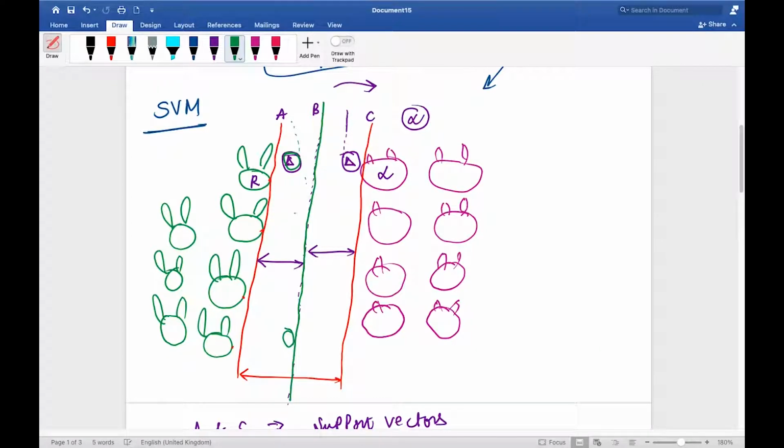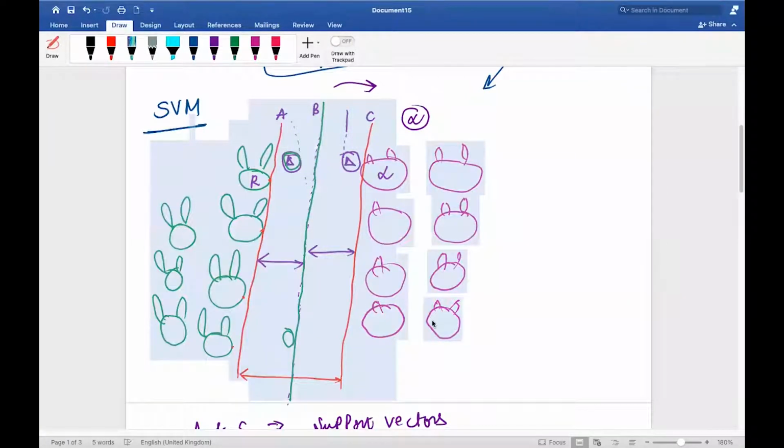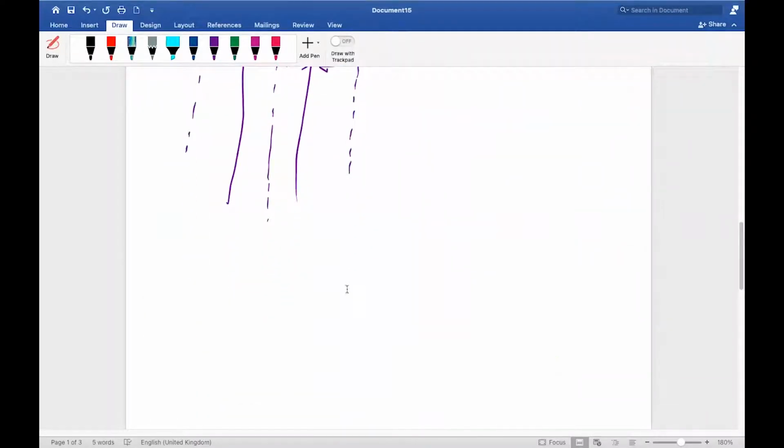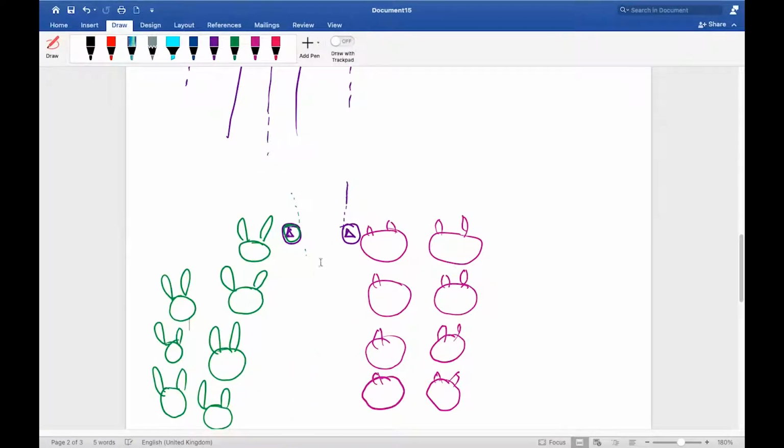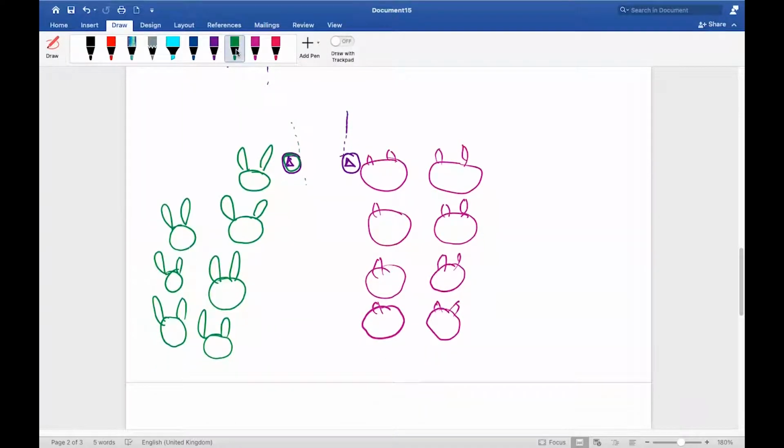Now, in the same setup, let me copy everything and paste it here. And now I am removing my support vectors, and since I have removed my support vectors, I'll also remove my decision boundary. Now let's assume the points were like this. One rabbit here and one like this.